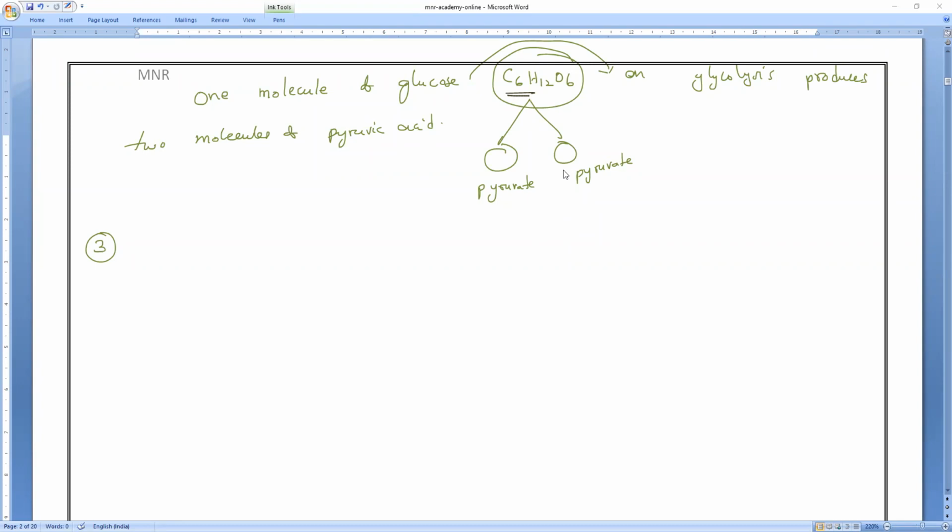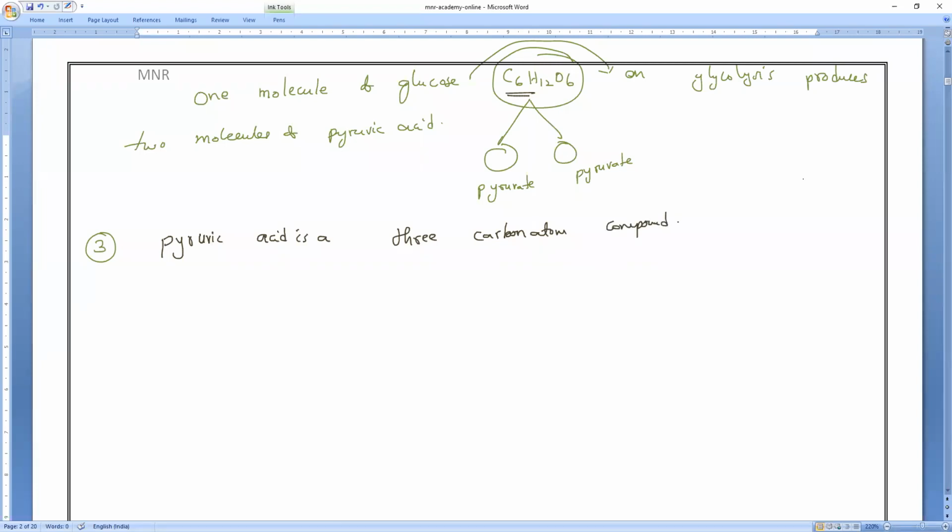That is what you have to remember. So pyruvic acid is a 3 carbon atom compound.